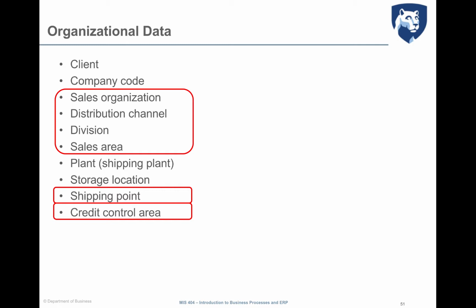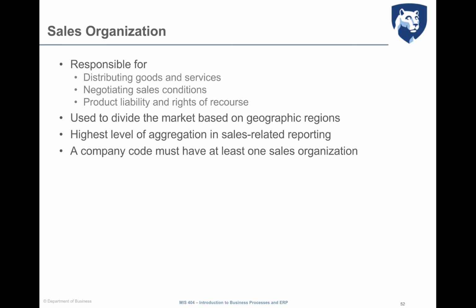Plants and storage locations are more typical of production, as we will see, but they are still relevant for the fulfillment process, while client and company code are general data that we already discussed. Let's start with the sales organization.